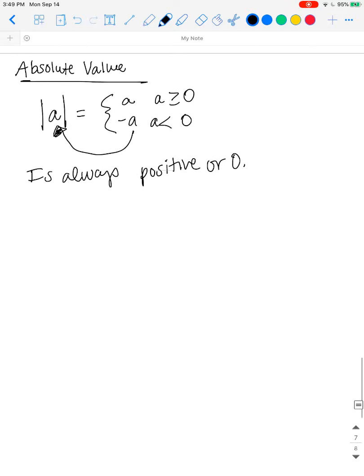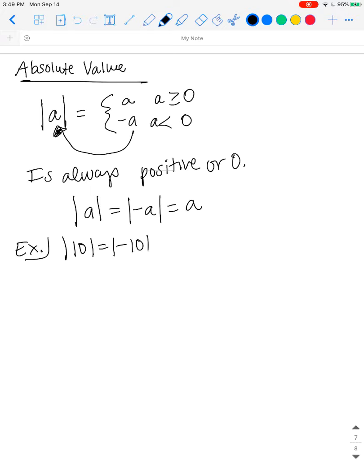Okay, so the absolute value of a positive A is going to equal the absolute value of a negative A, because that's just going to equal A in the end. So an example is |10| equals |-10| equals 10.